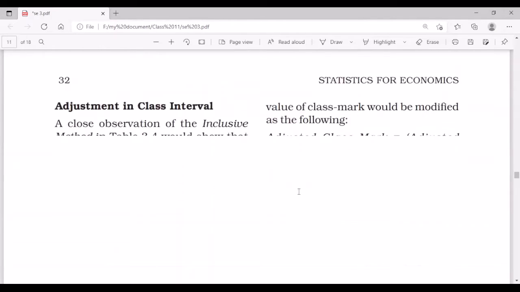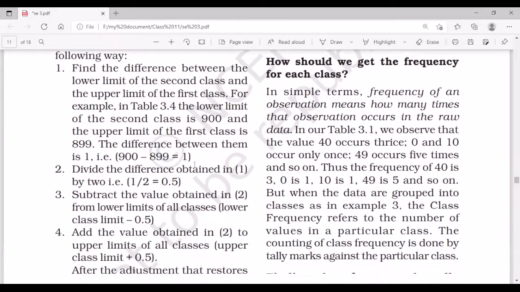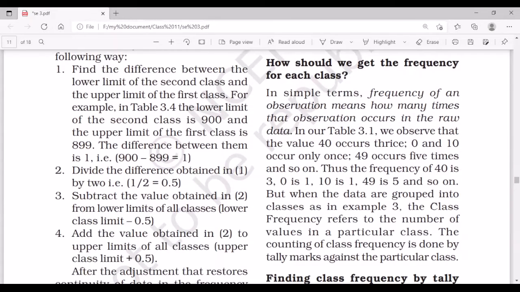So there is a gap between these. So the first step is to find the difference between them. The difference is 1. Then divide the difference obtained by 2, which means we had a difference of 1, we divide it by 2, so we get 0.5. Then subtract the value obtained in step 2 from the lower limit of all the classes. What we need to do with the outcome from step number 2 is subtract it from the lower limits.